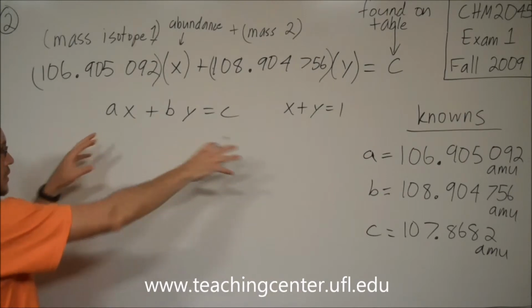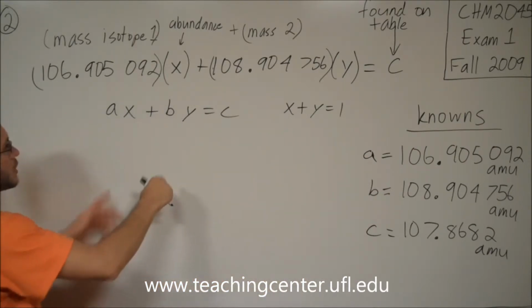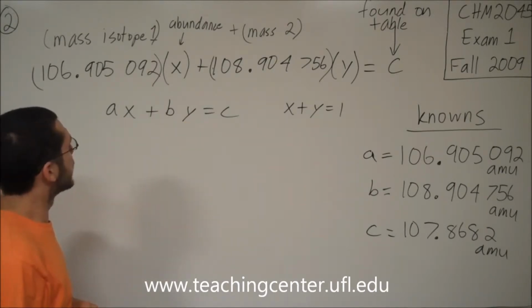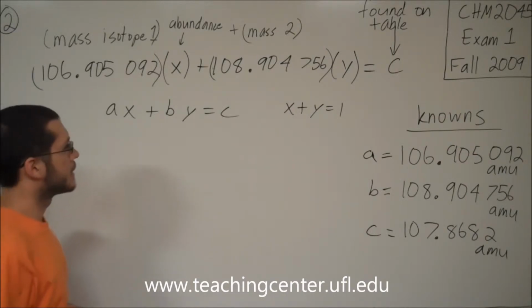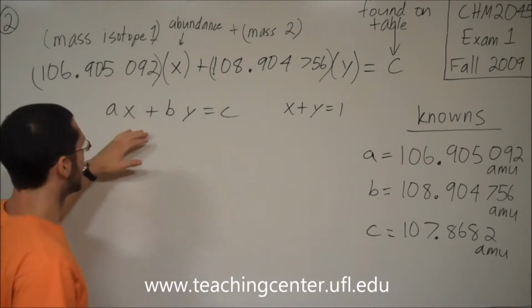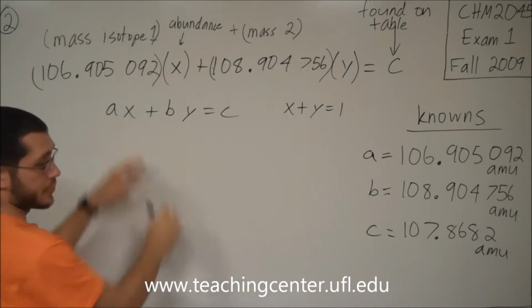So now we have these two equations. We know what all the variables correspond to. We know what X and Y mean. Okay. Should seem simple, right? And it is, in fact. This is a very special skill to have, to leave your equations in variable form and not plug numbers in directly.